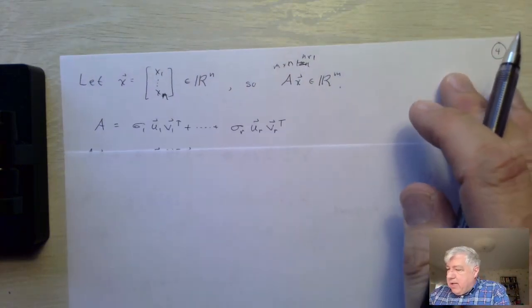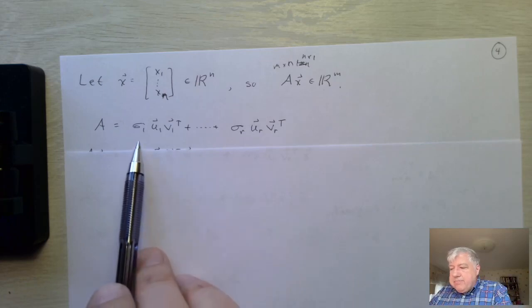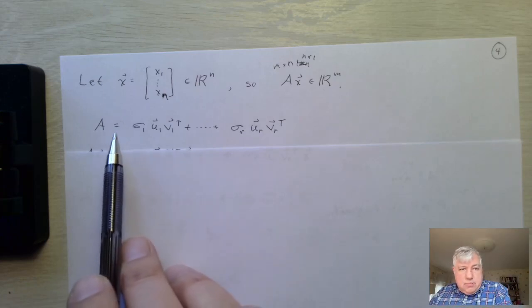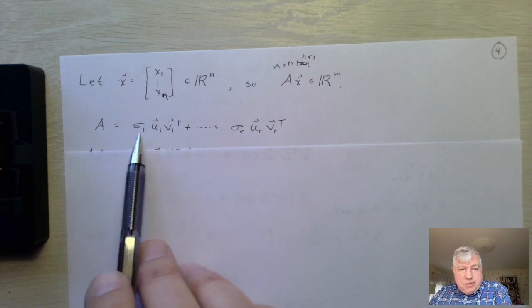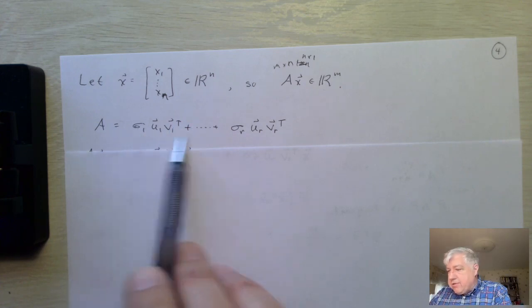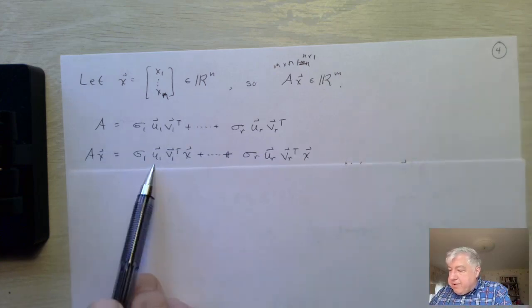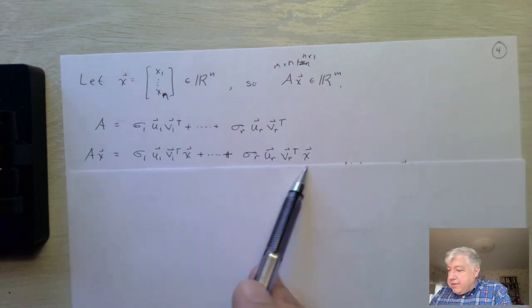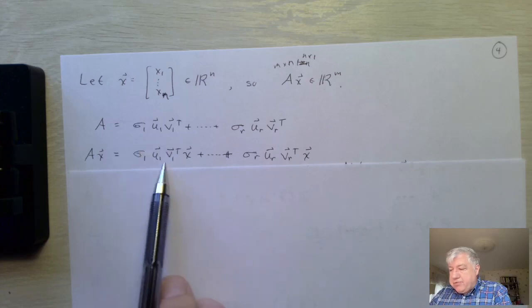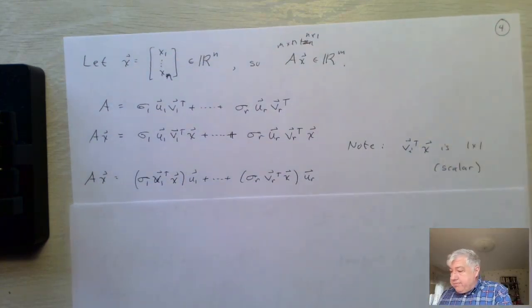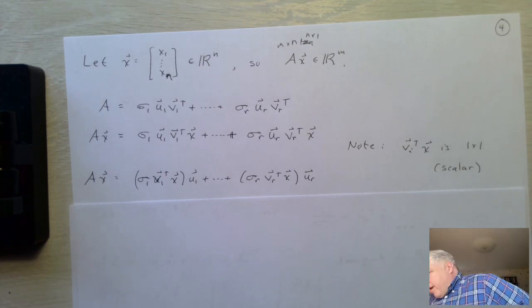Now if we apply the outer form decomposition to A, just from the last slide, and we multiply by x on the right, we just distribute the x. Now we can do some rearranging on each term.